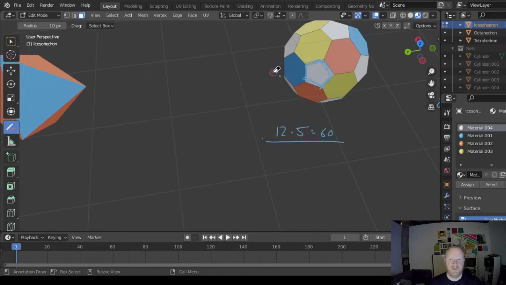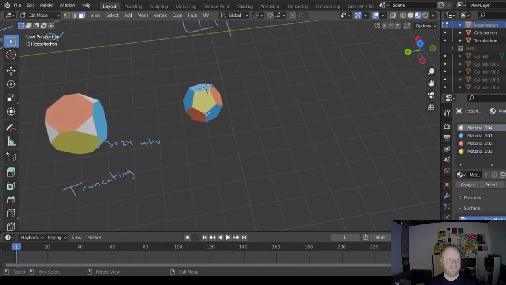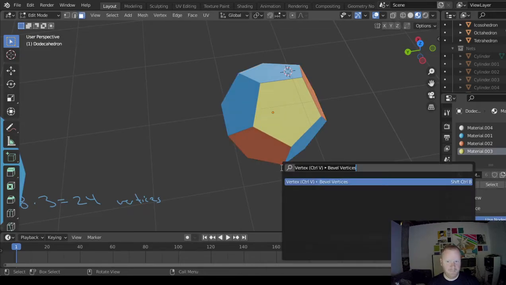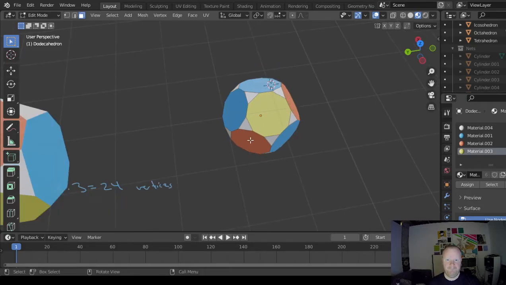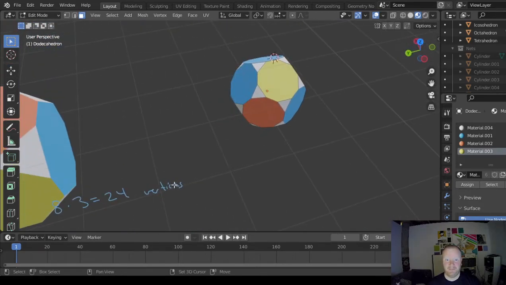There is one other way that you can make semi-regular polyhedra. So I'll go ahead and just for fun, I'll show you what each of these truncated looks like. All right, so this becomes actually a 10-sided piece there. Very interesting, right?